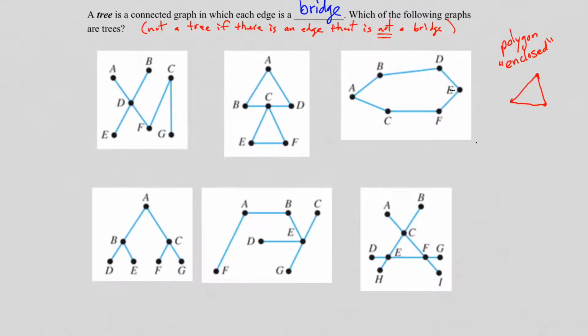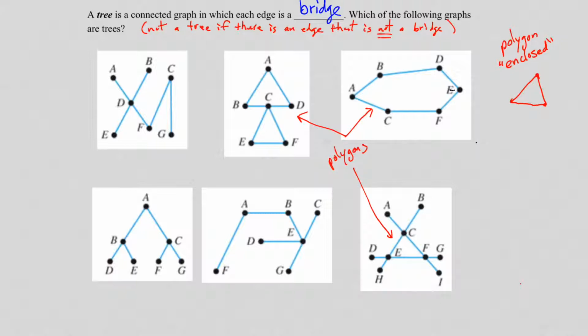So if we look, there's 3 polygons here. Okay, this one's the most obvious one that's enclosed. We got 2 polygons over here, 2 triangles, and we have one right here. Okay, there's that triangle right there.